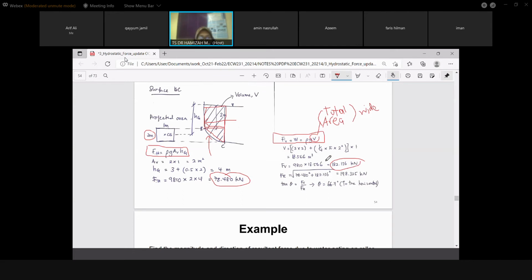And then get the total resultant force: square both forces and square root, and you can know the location of the force. Okay, location means the angle where the force occurs. Akan ada angle kat sini, kat mana force tu bertindak. Okay, it's something like this. So angle dia akan ada kat sini.